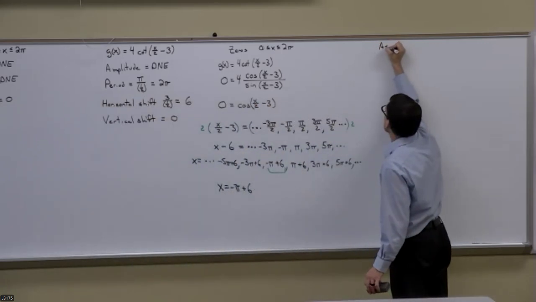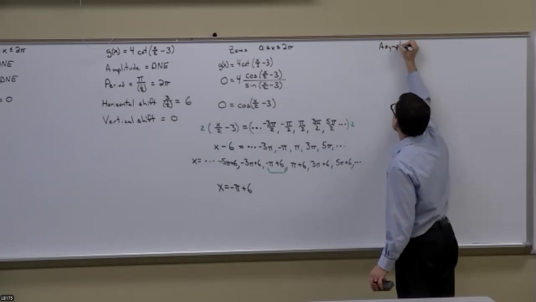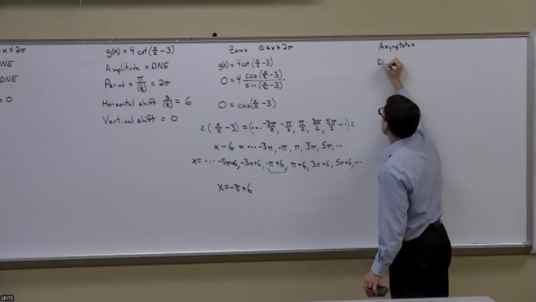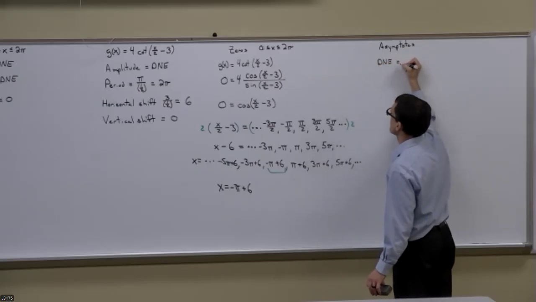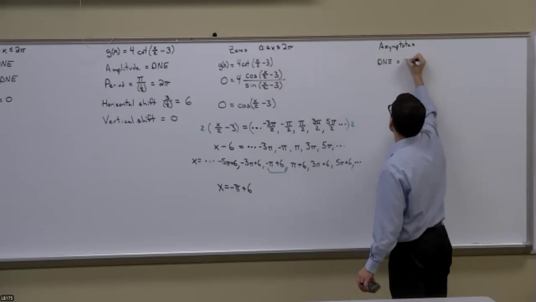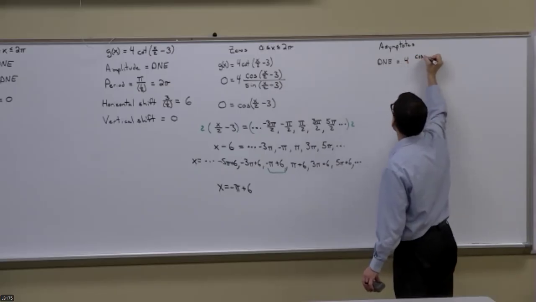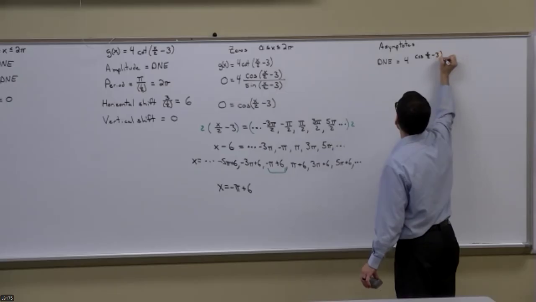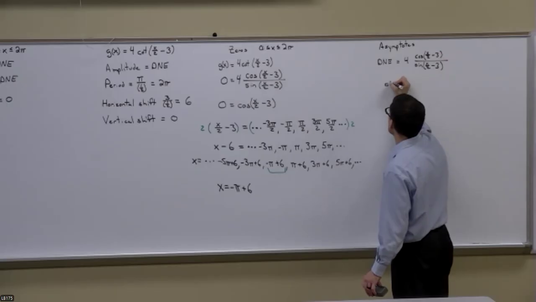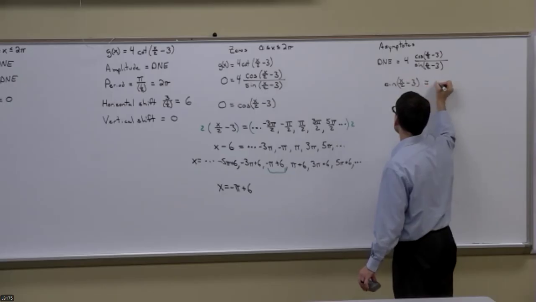If we're looking for asymptotes, we're going to do almost the exact same thing we did there. We're just going to say, well, this thing can't exist. So that means the denominator has to be equal to 0.